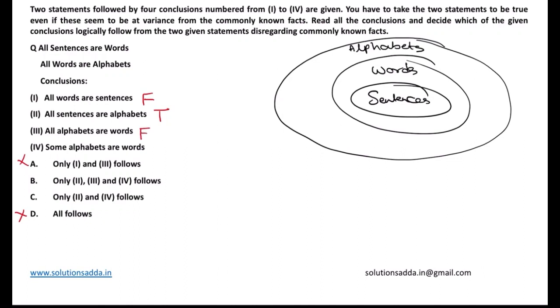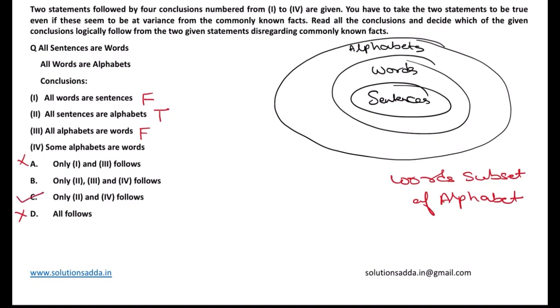Since all words are alphabets but the reverse is not true, that all alphabets are words, because words is a subset of alphabets. Therefore, all words are alphabets but all alphabets are not words, i.e. the reverse is not true. So, since 3 doesn't follow, option C is the correct answer.